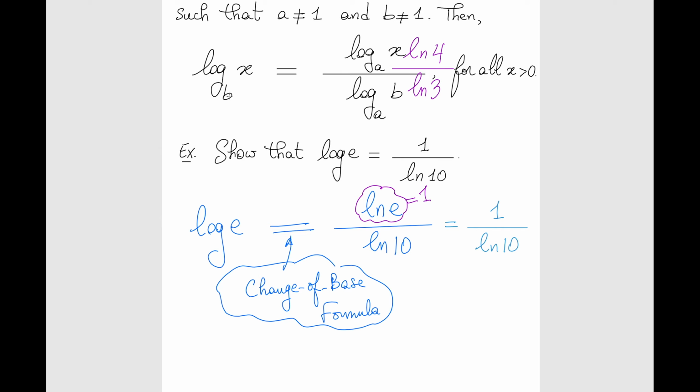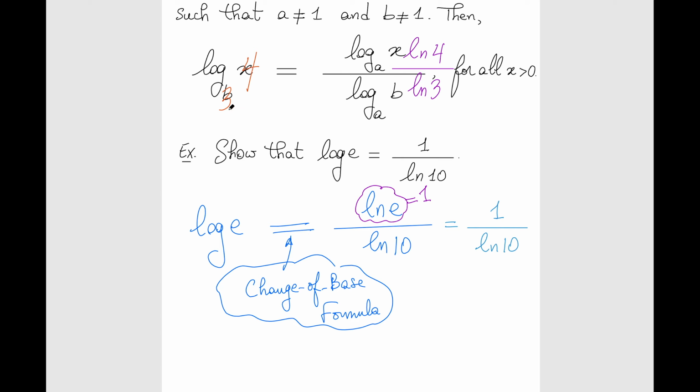So b is 3, and x is the 4. Makes sense? So this quotient, this purple quotient, is simply log base 3 of 4, which is a single log, obviously.